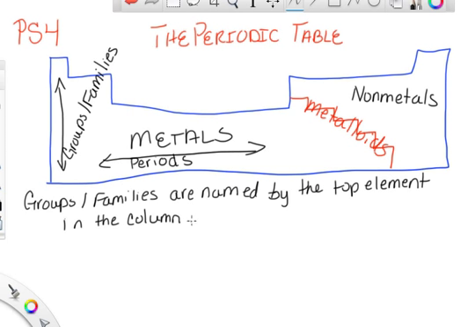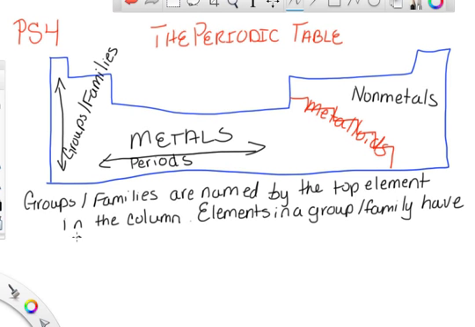Elements in a group have similar properties. In a group or family, they have similar properties and the same number of valence electrons.